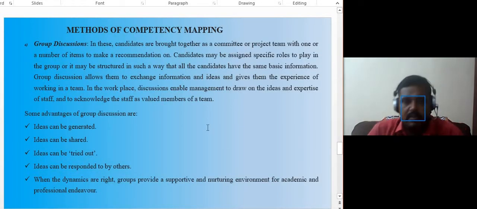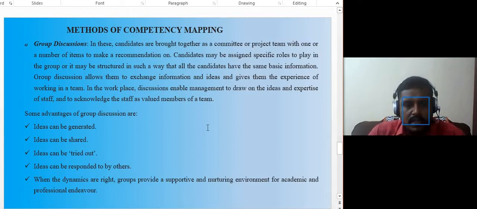Methods of competency mapping. The next one is called group discussion. In this, candidates are brought together as a committee or project team with one or a number of items to make a recommendation on. Candidates may be assigned specific roles to play in the group, or it may be structured in such a way that all the candidates have the same basic information.